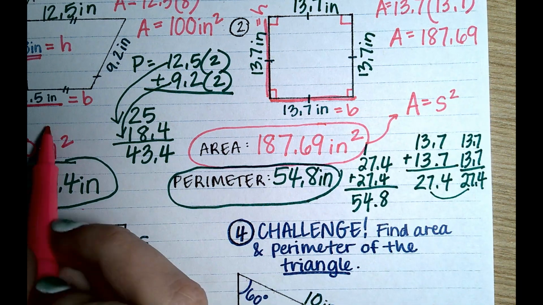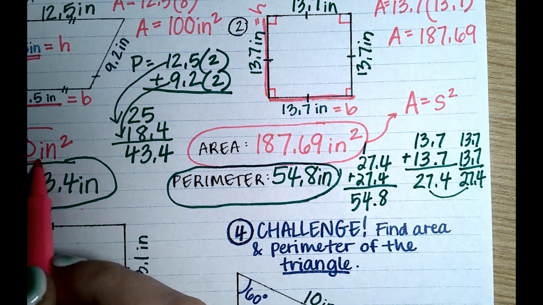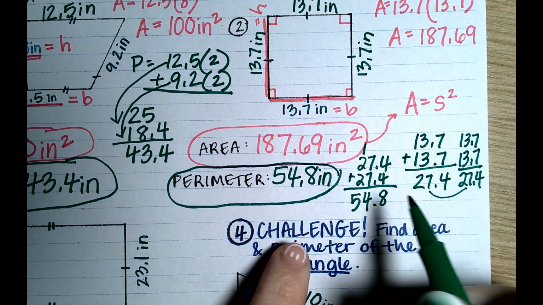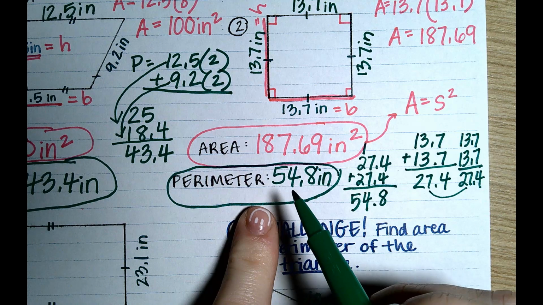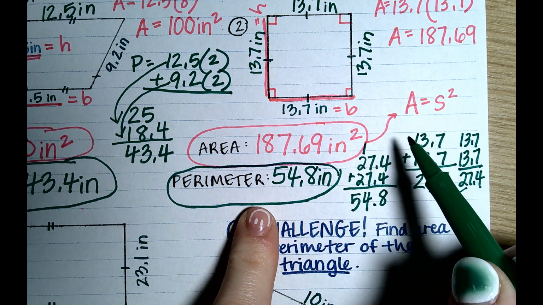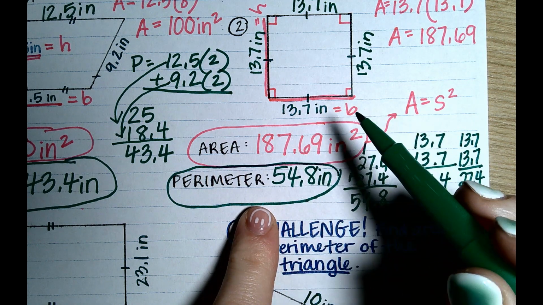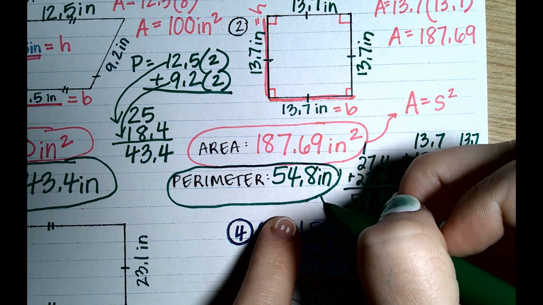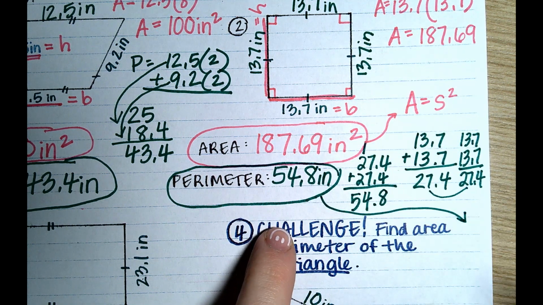That way it's separate from all the work. And I'm going to also write this down. Another trick for finding perimeter, because all we did was take that 13.7 and add it to itself 4 times. Multiplication is repeated addition.